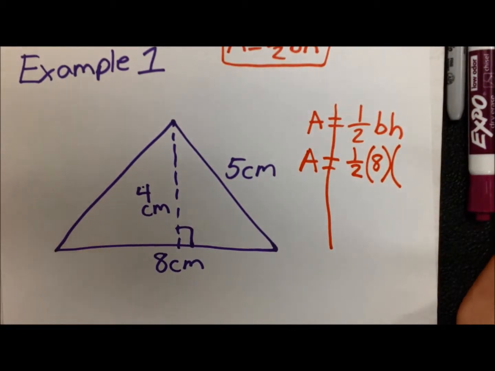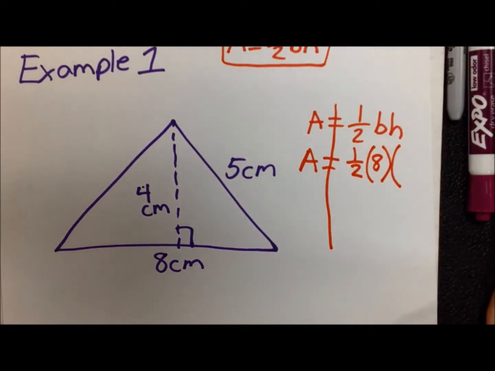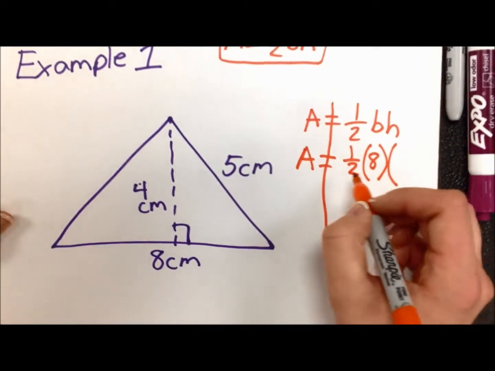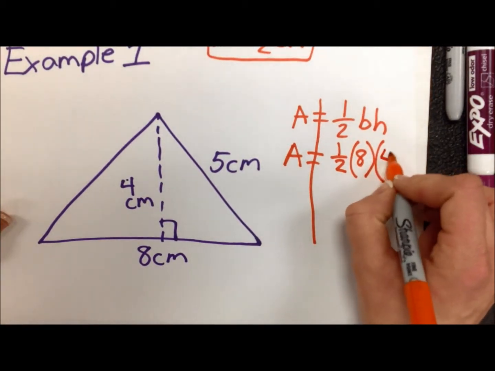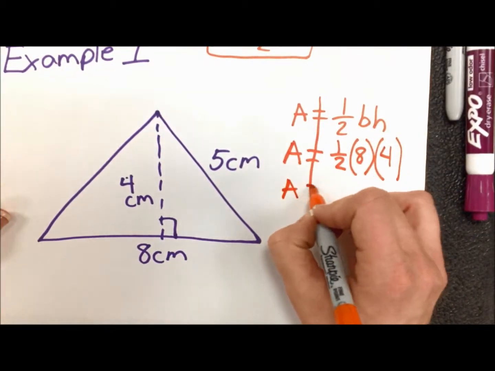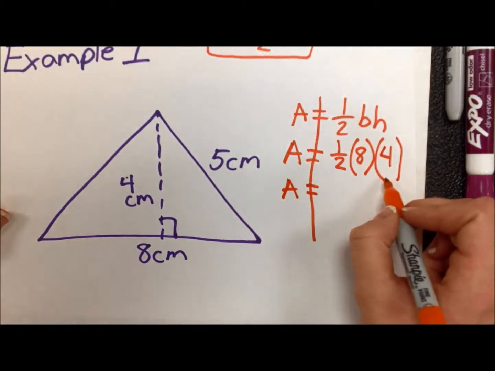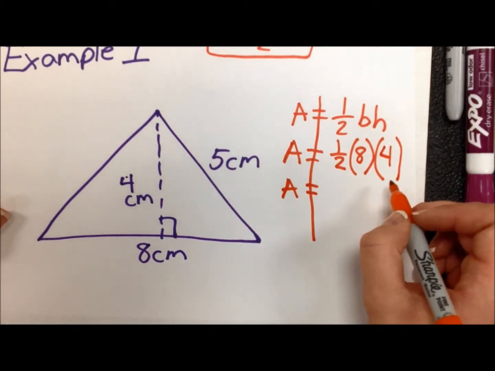If you remember a while back, we were doing area, and I told you to look at the dotted lines for the height. You're going to do the same thing now. Remember the dotted line for height. So we're going to do 1/2 of 8 times 4. So now area is equal to, do 8 times 4, which is 32, and then divide that by 2.